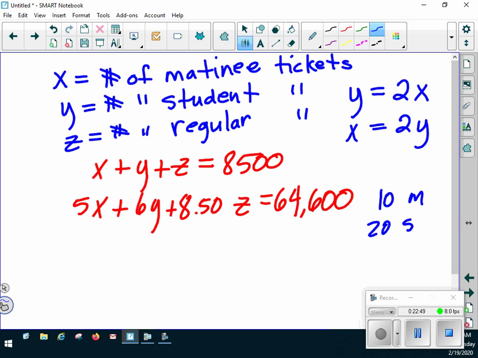And matinee is X, student is Y. Which one of those equations can I put 10 in for X and 20 in for Y, and it's a correct equation? If I put these two numbers into the second equation, that would say 10 equals 2 times 20.